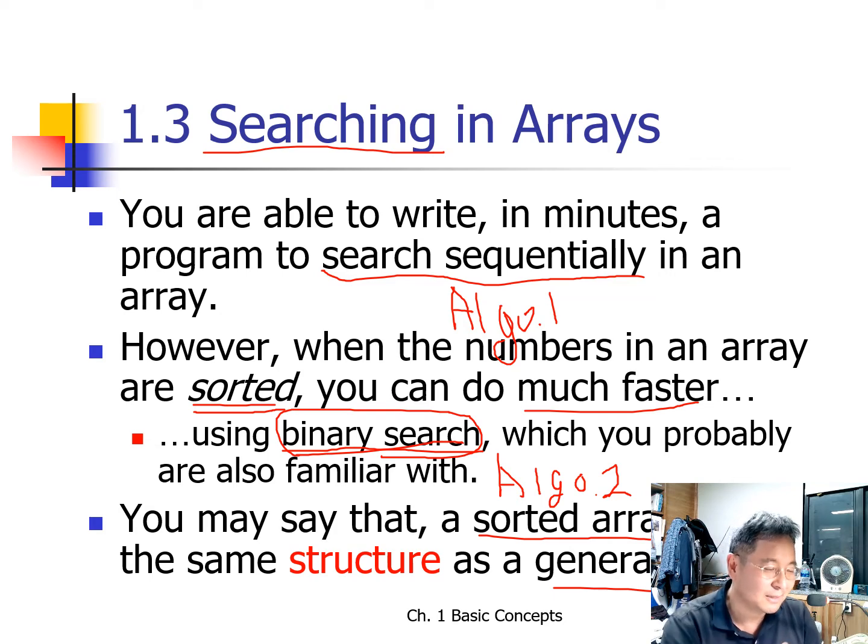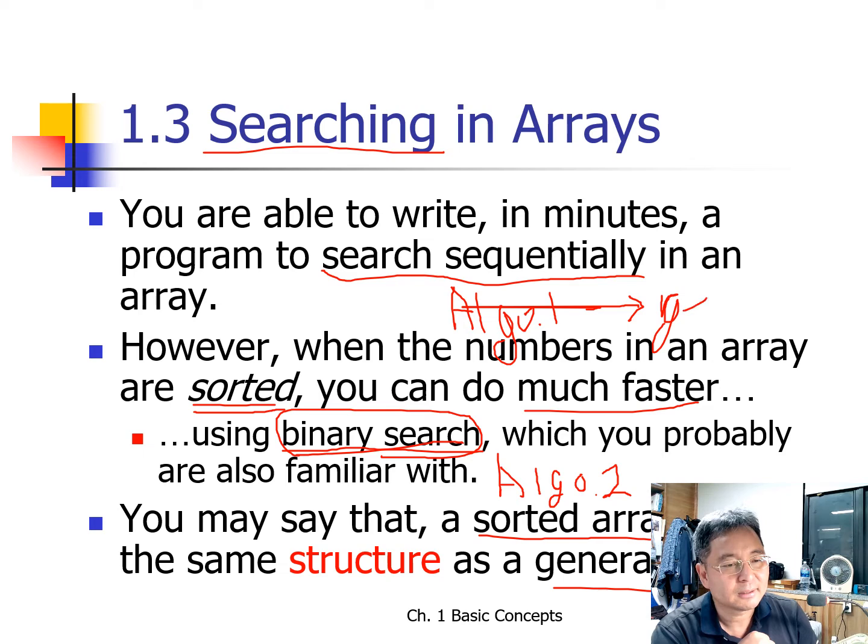Okay, can you understand this? In order to implement much more efficient algorithms, you must adopt better data structures. In this case, algorithm 1 will use a regular or general array, but binary search will use a sorted array.